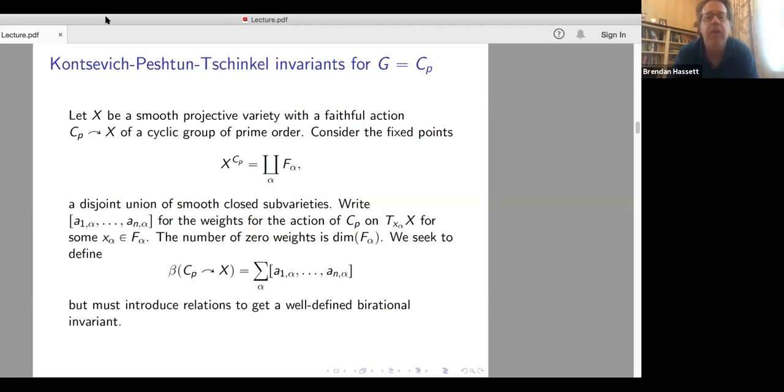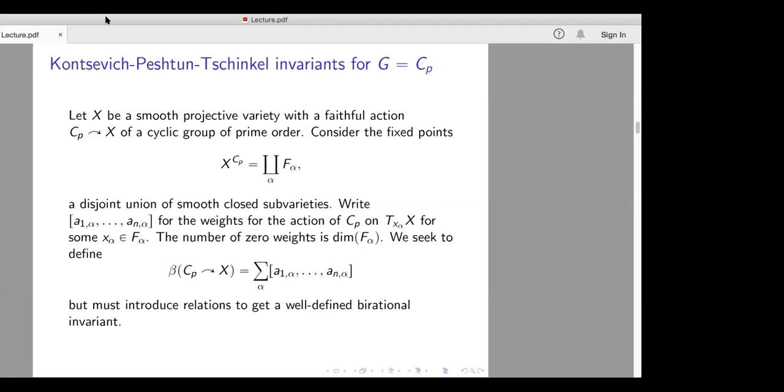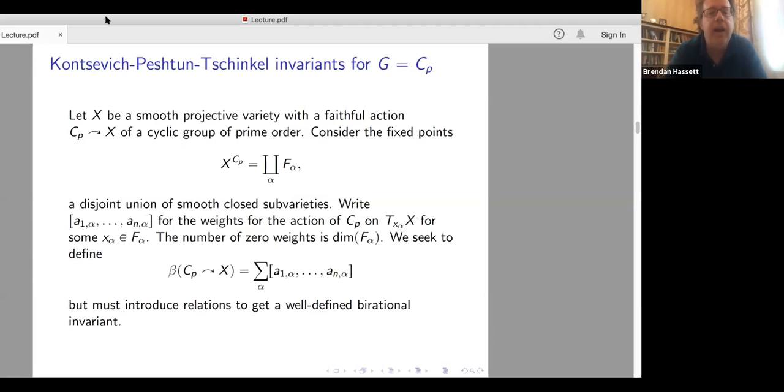We're not keeping track of what it is, just encoding what the action on the tangent space is. These F alphas, I probably should have said, are smooth, closed, connected subvarieties. Obviously we want these weights to be an invariant on an alpha.